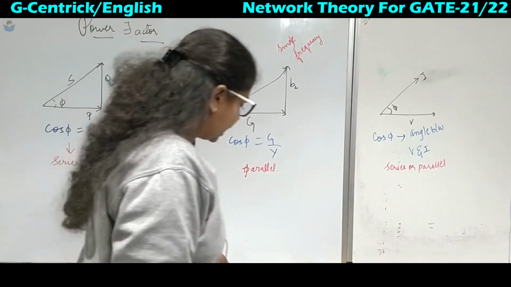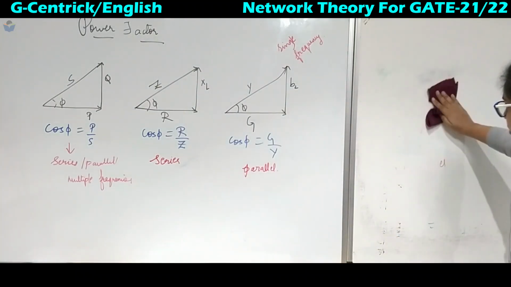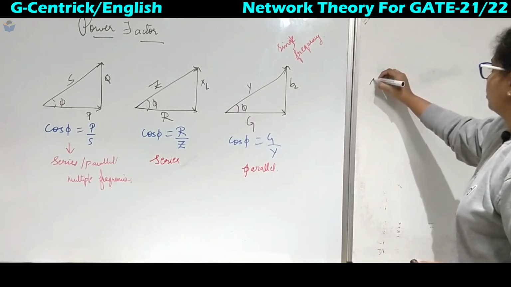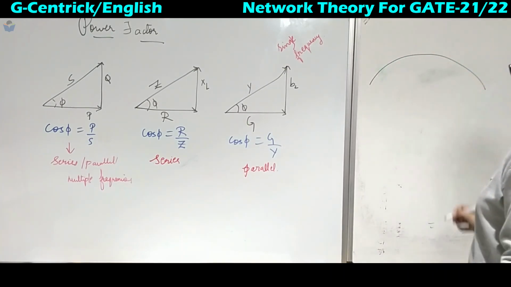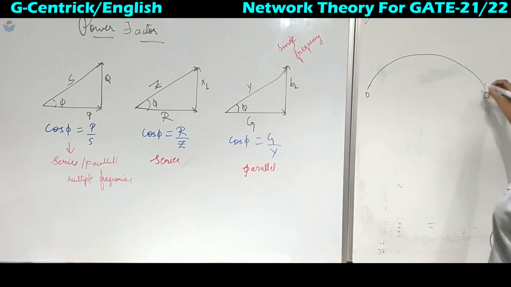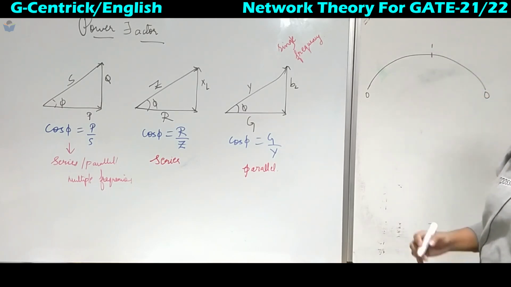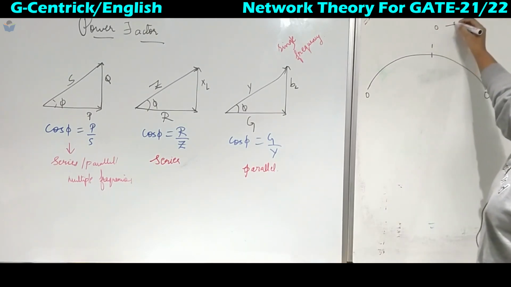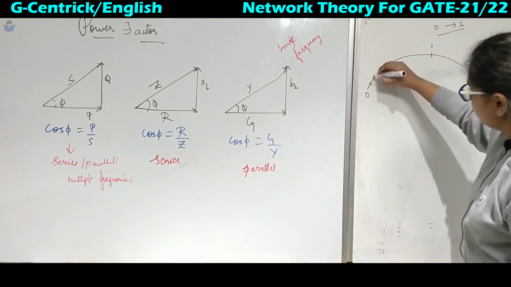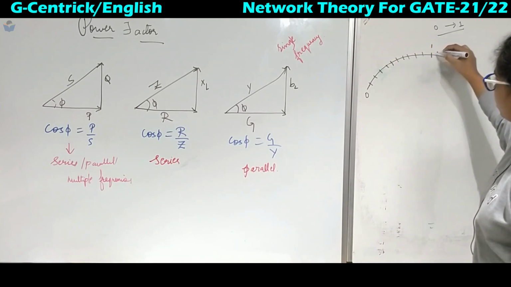So now let us take an analog meter, the power factor meter. If I draw an analog meter like this, here is the 0, here is also 0, and here is 1. We know that power factor varies between 0 and 1. These are the divisions in the analog meter.